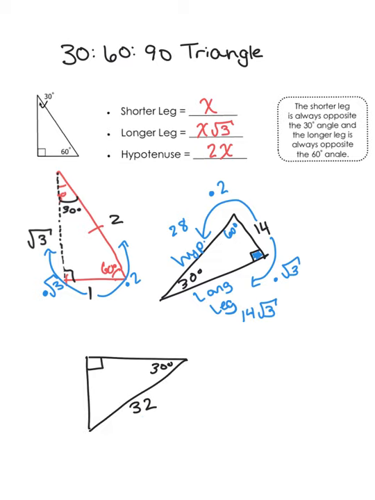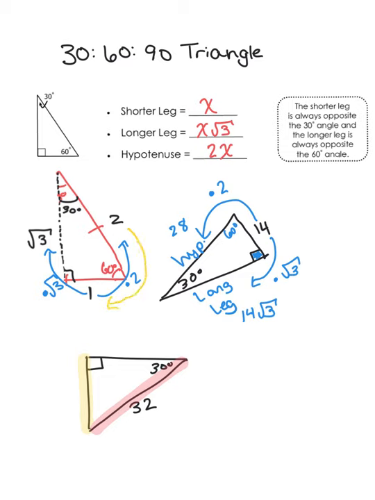Now what if I'm not being given my short leg? And I want to know my short leg. So I want to know what the side is across from my 30-degree angle. In this case, I'm being given my hypotenuse. So if I had to multiply to get from my short leg to my hypotenuse, what do I have to do to get from my hypotenuse to my short leg?